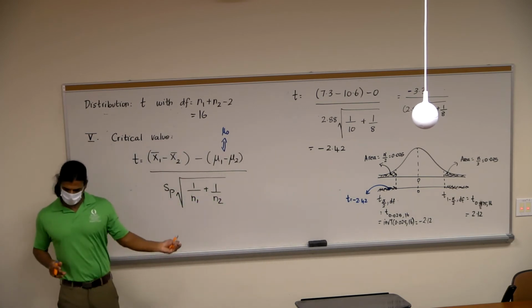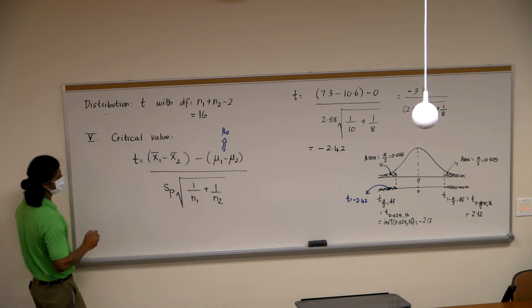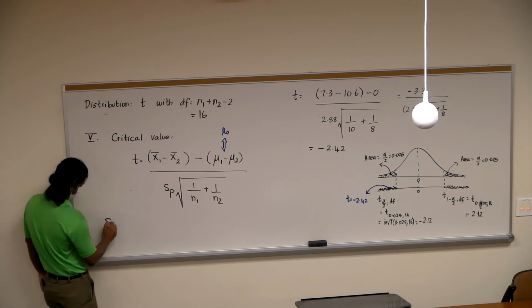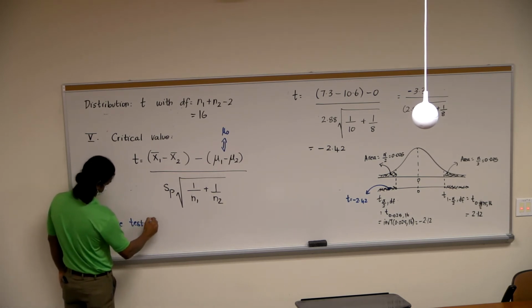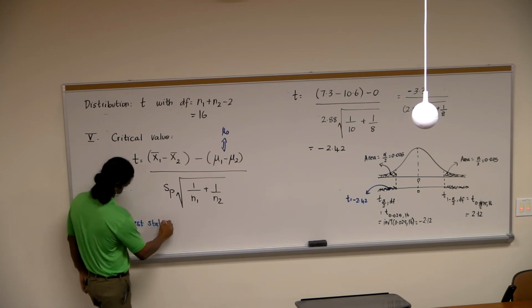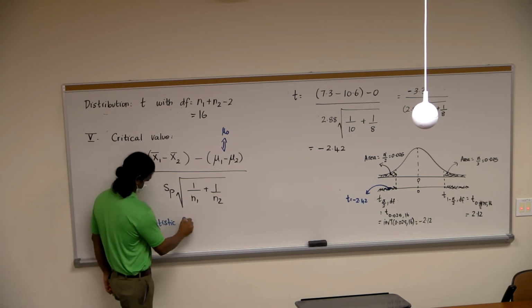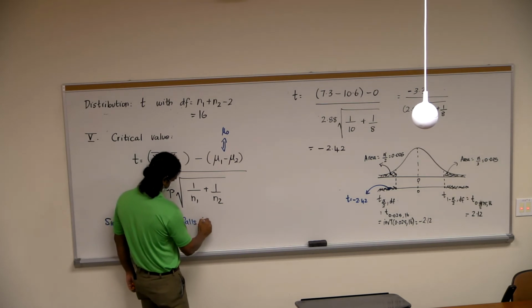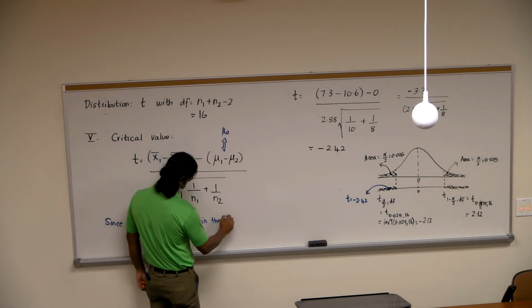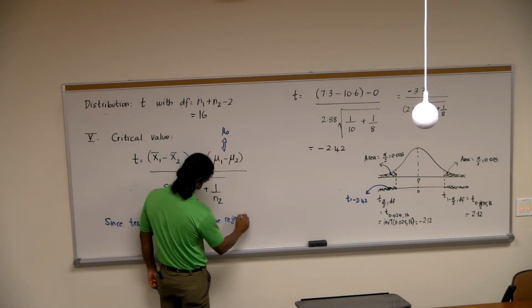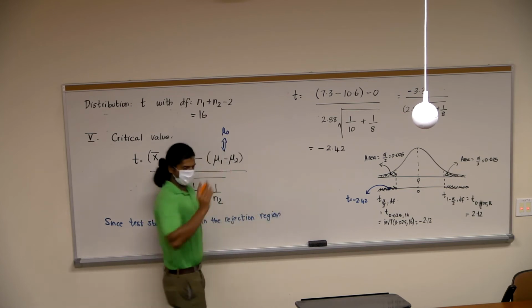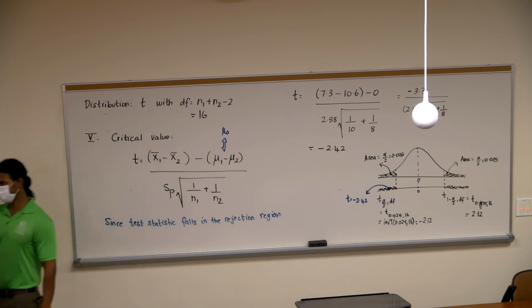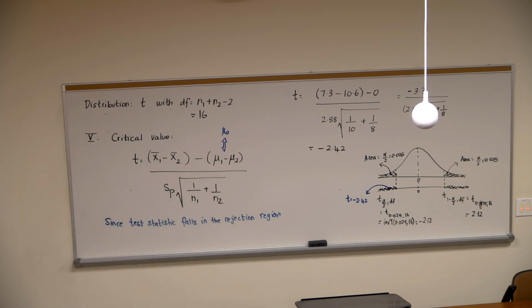So the test statistic falls in the rejection region. Should we reject the null or no? We should reject the null.